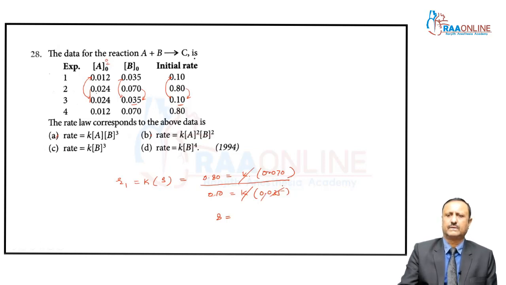So you get 2 to the power x, because here x is present, we can determine the order of reaction of B. Then my dear students, 2 to the power 3 equals 2 to the power x, you can simplify and write this equation in this way. It means this x, my dear students, denotes the order of reaction, and here order of reaction is 3. So my dear students, for B, order of reaction is equal to 3.